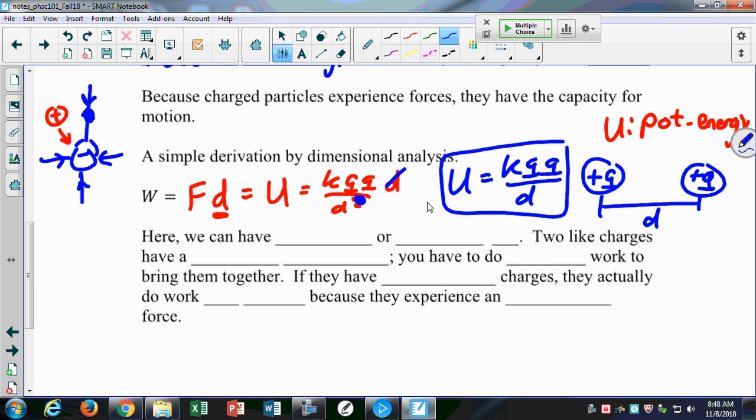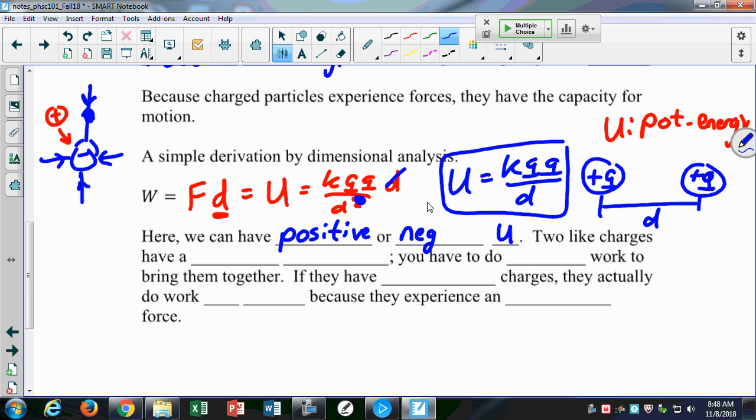So here we can have either positive or negative potential energy. We didn't really talk about gravitational potential energy in this way. We talked about it in a slightly different way. But with gravity, you can't have either positive or negative. You only have positives. Two like charges will have what?